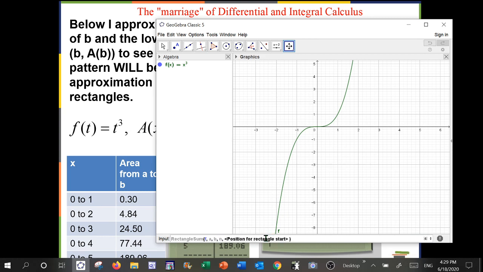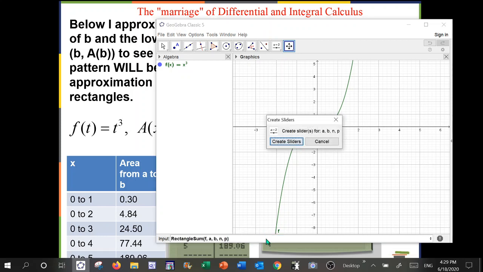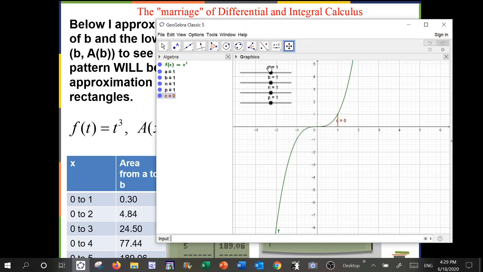N rectangles. And then the last number tells GeoGebra whether I want left endpoint or right endpoint or somewhere in the middle. So that number, I'm going to call it P, position. And then I'm going to be asked whether I want to create those, and I say yes.